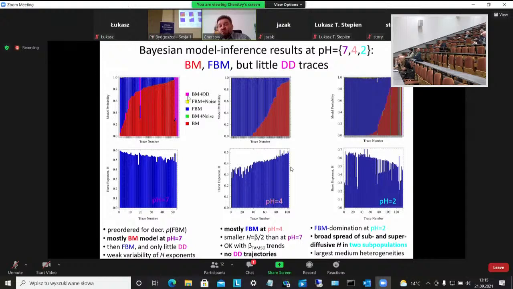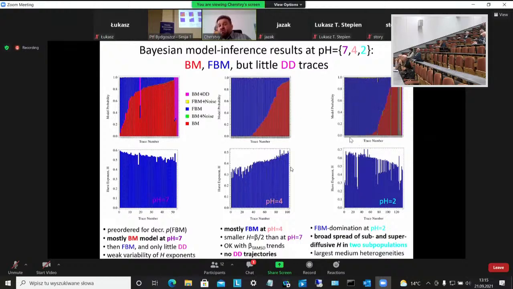And this diffusivity we only see for a couple of trajectories. For pH 4, where diffusion is becoming slower and anomalously subdiffusive, we have most of the trajectories FBM, fractional Brownian motion.